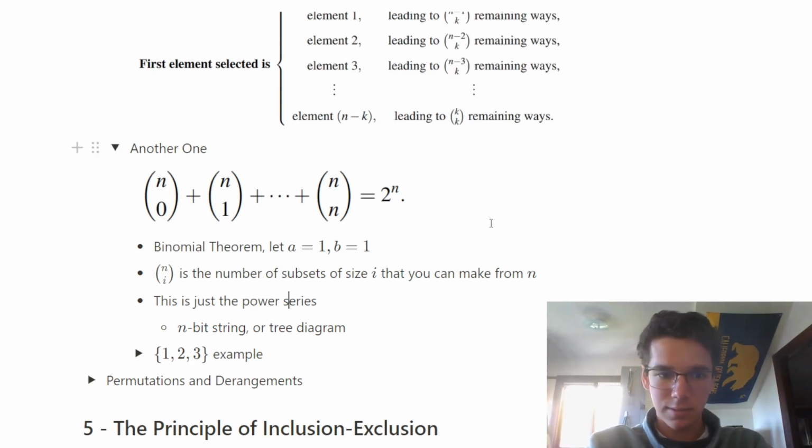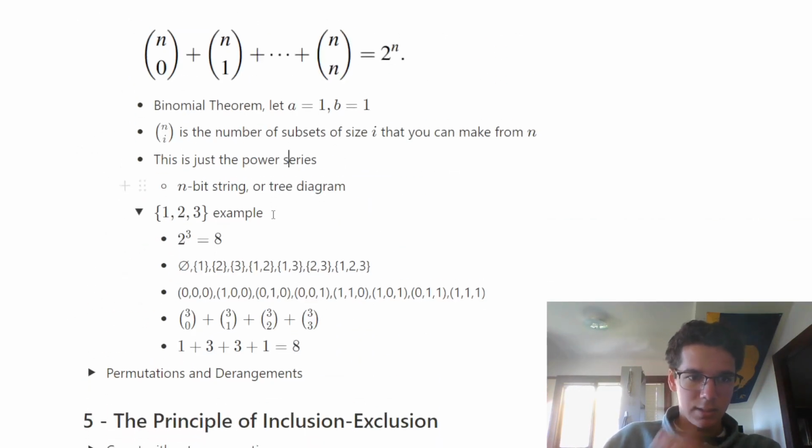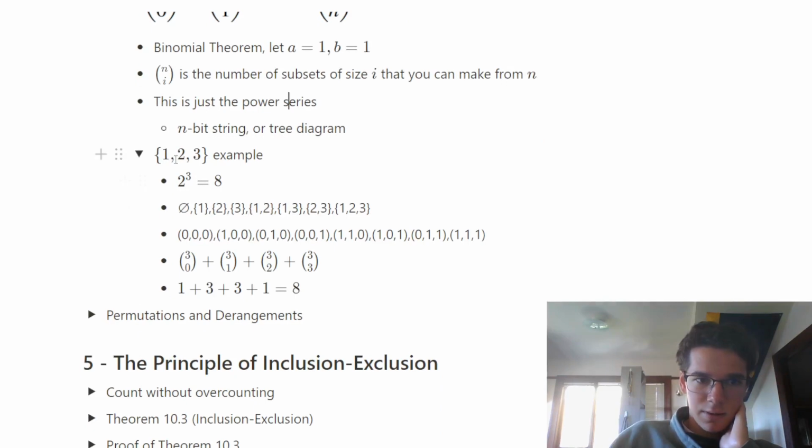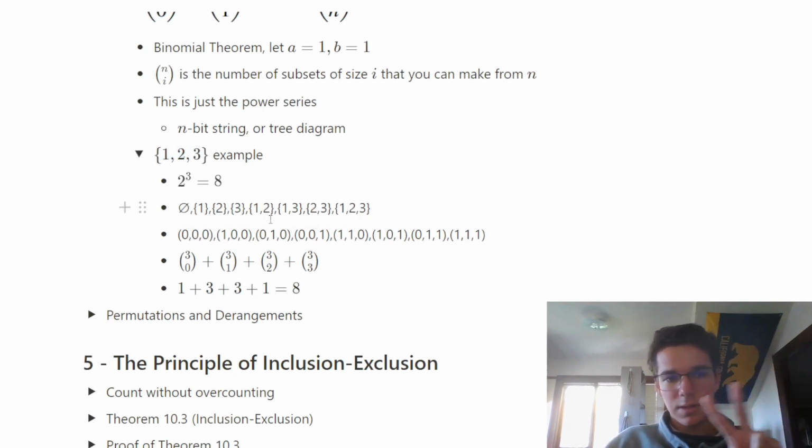I think they illustrate this pretty nicely. Say our set consists of these 3 numbers. All the possible subsets would be the empty set, sets with just 1, with just 2, and then 2 elements, and then 3 elements, right?